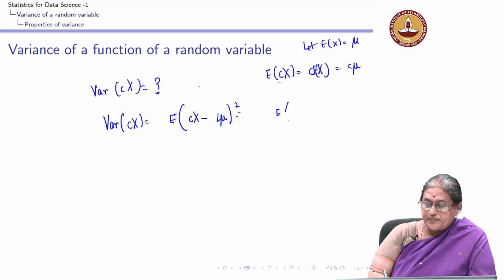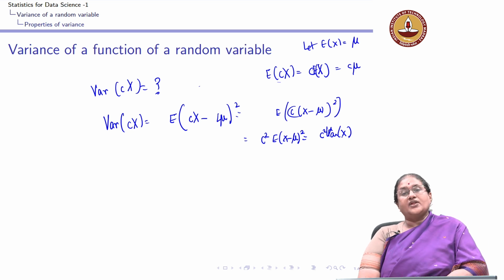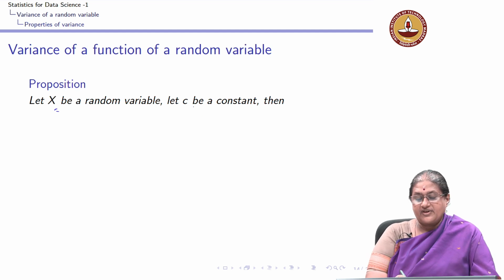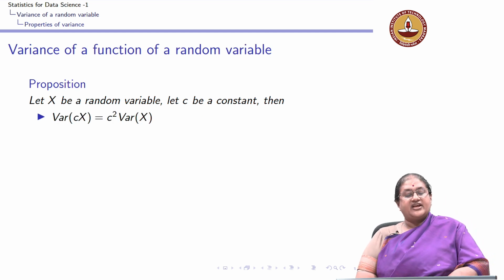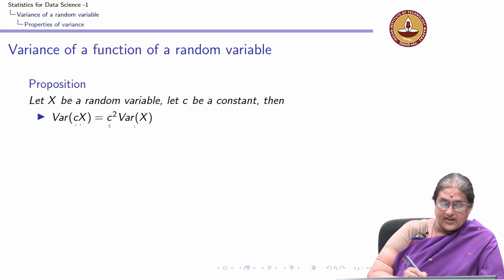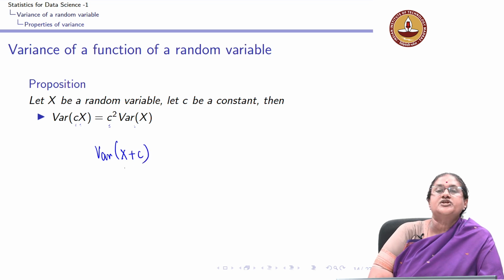This is nothing but the expectation of c times (X minus mu) whole square, which is going to be c square times the expectation of (X minus mu) square, which is going to be c square into the variance of X. So we can see that if X is a random variable and c is a constant, then the variance of a constant multiple of X is c square times the variance of X.